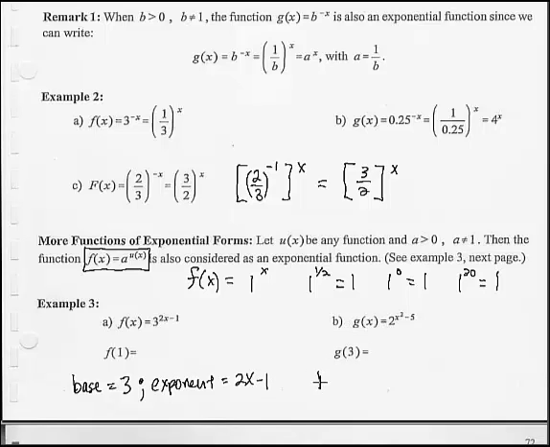For g of x, the base equals 2, and our exponent equals x squared minus 5. And our exponents are both functions. X squared minus 5, this is a parabola. 2x minus 1 is a linear function. So both of these fulfill the condition that u of x is a function.